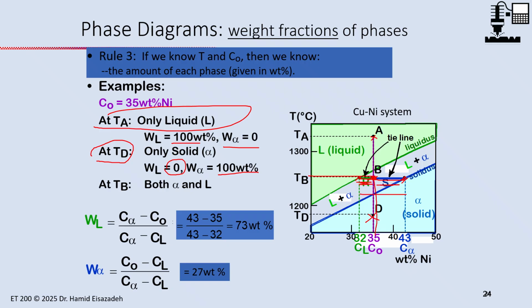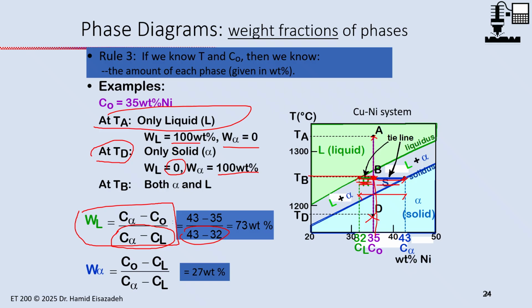and the total. The total is going to be the denominator for this equation. If you want to find out the portion of the liquid, you subtract 43 minus 32, and it's going to be the same denominator for the other equation.